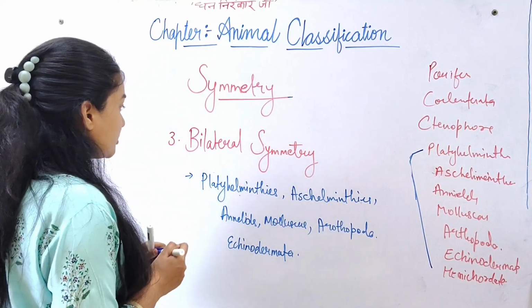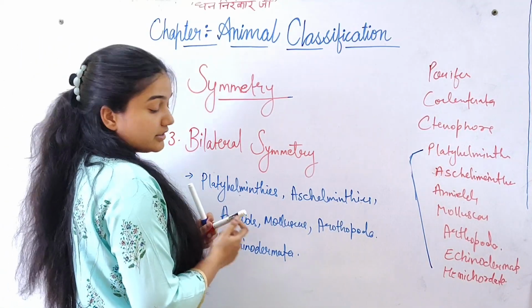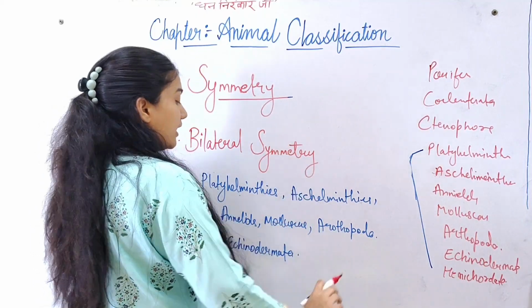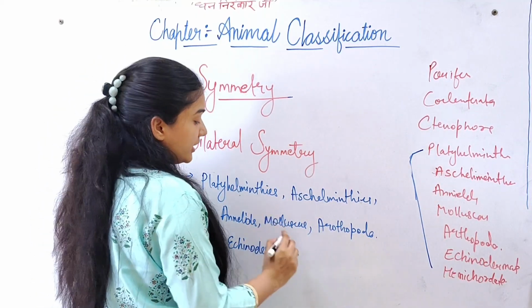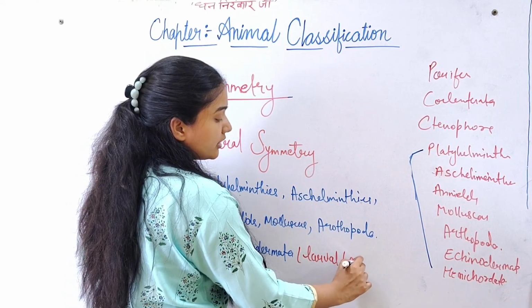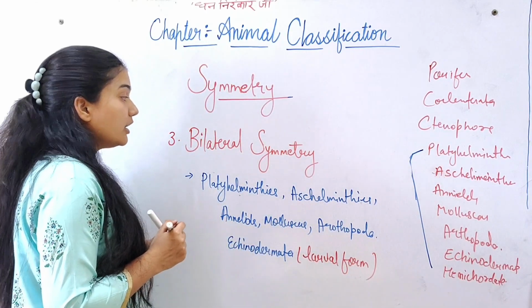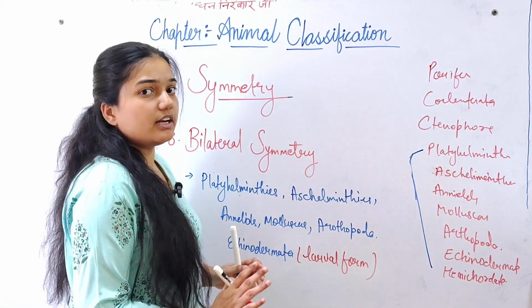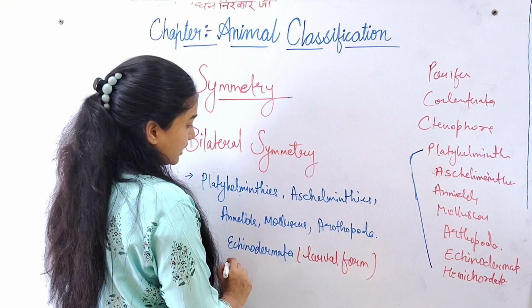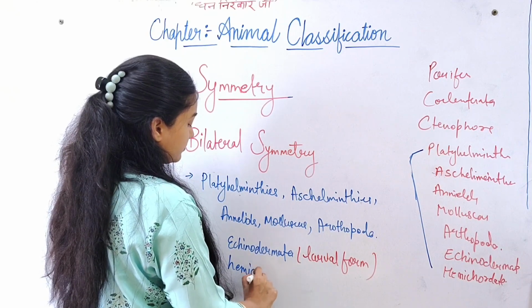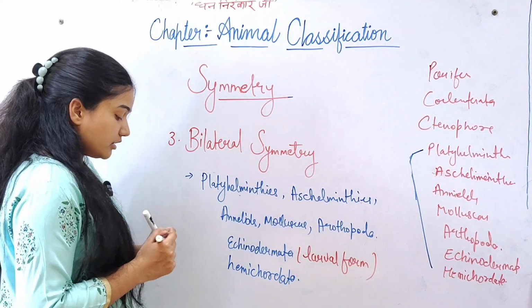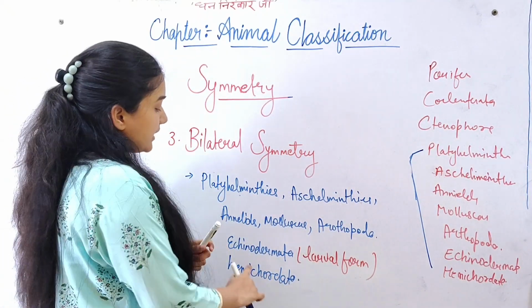But Echinodermata is the exception of bilateral symmetry. Echinodermata have bilateral symmetry only in larval form, not in adult form. And the next phylum is Hemichordata.